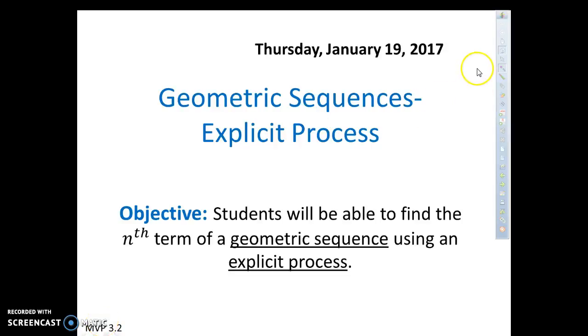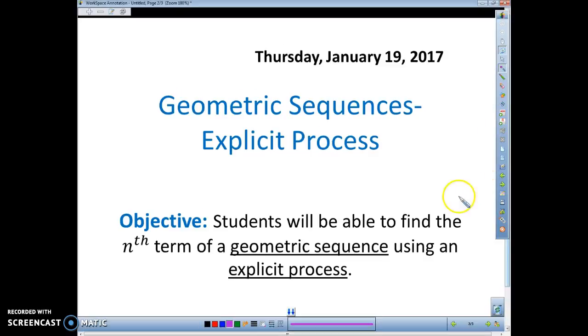Hello, in this video we're going to talk about how to create the explicit process for a geometric sequence, and our objective today is students will be able to find the nth term of a geometric sequence using an explicit process.